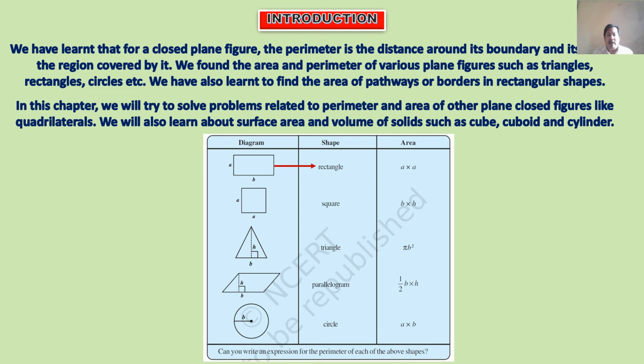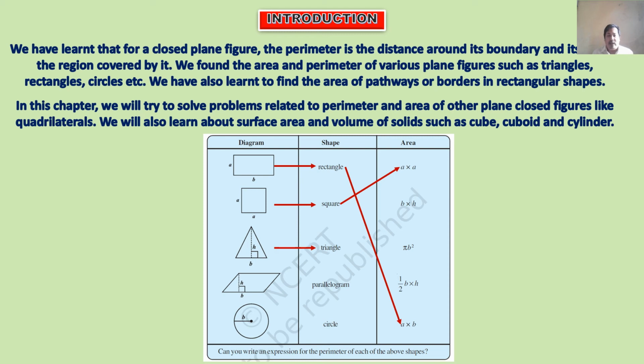The area of the rectangle, as you know, is A into B, since A is the breadth and B is the length. Or B into A, doesn't matter. Then next we have another figure called square, and the side is A, so the area is A into A. Then next we have the triangle.